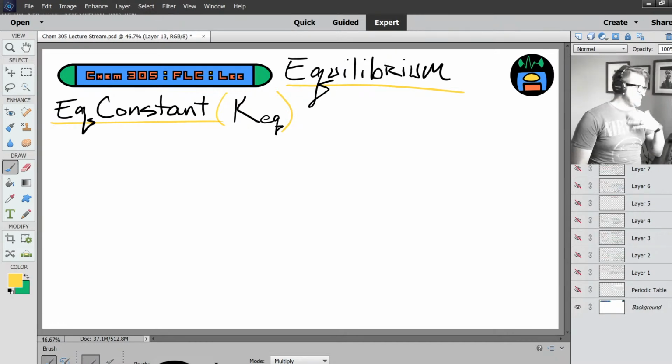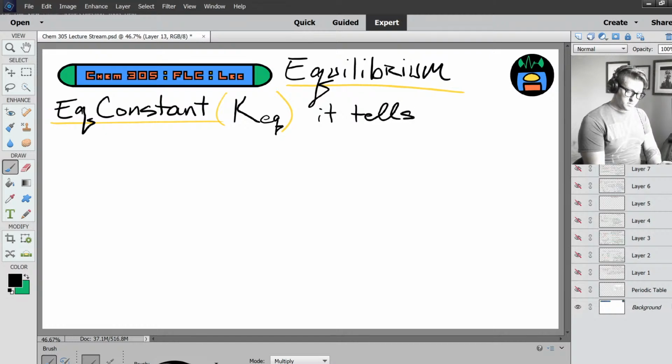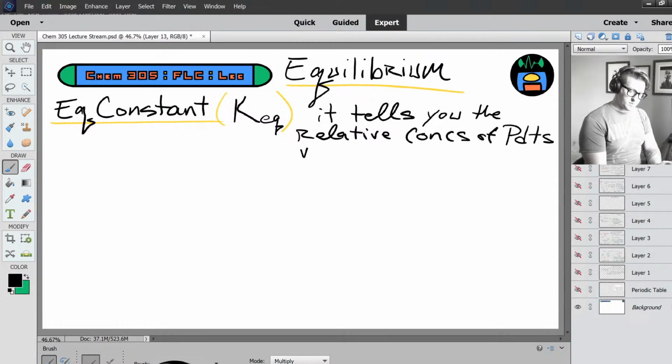And KEQ tells you the relative concentrations of products versus reactants when a reaction is at equilibrium.